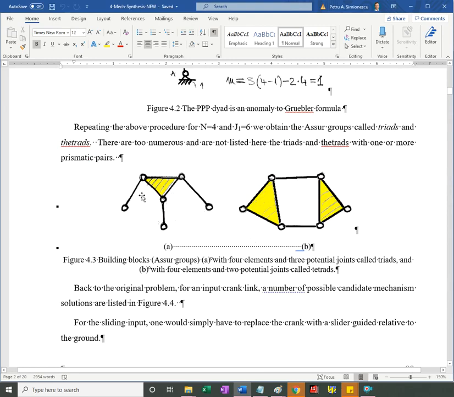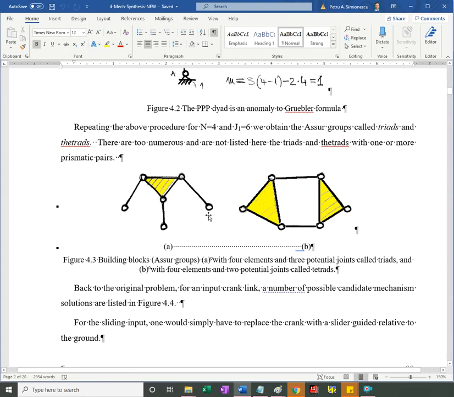But there are more complex building blocks. This is the triad, and this is the tetrad, and there are others, multi-tetrads and hexads, and everything becomes complicated.